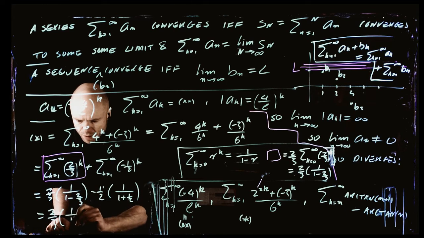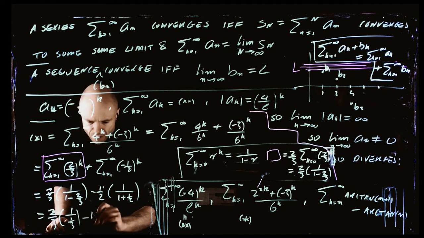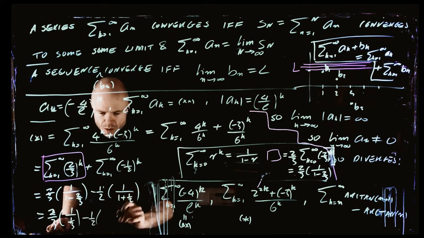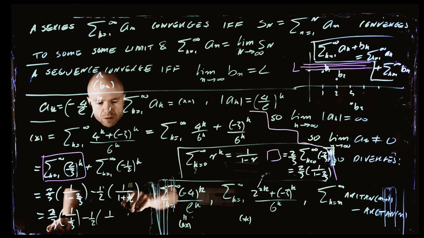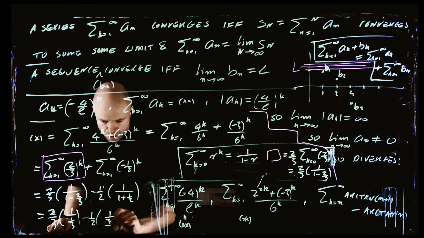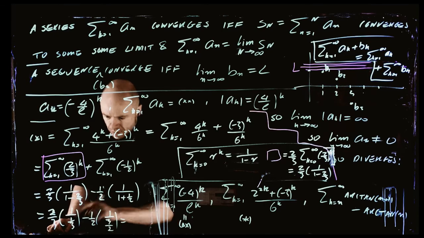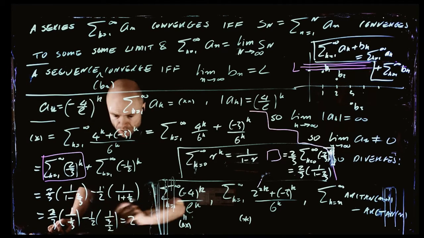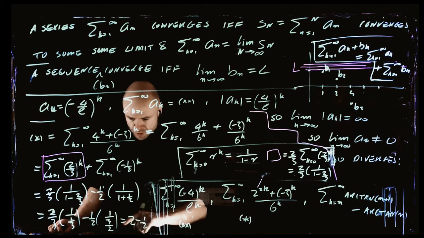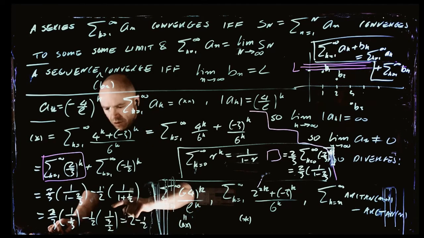This is 1 over 3, and then this will be 1 over, 3 over 2. So what's that going to be? That's going to be the same as 2, because 1 over 3 is 3, and that's going to be minus a half times 2 over 3.